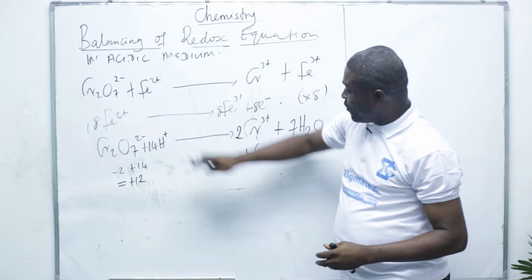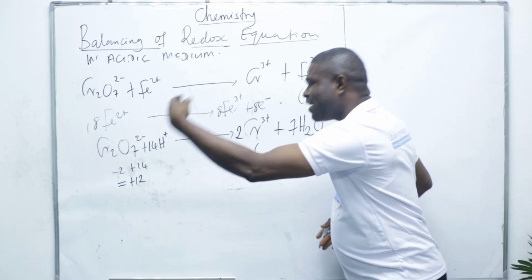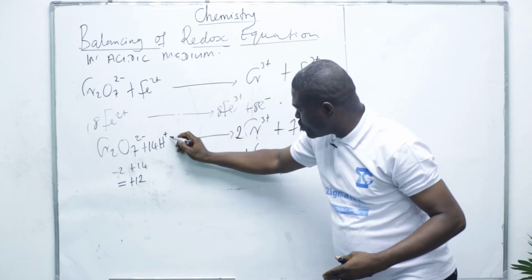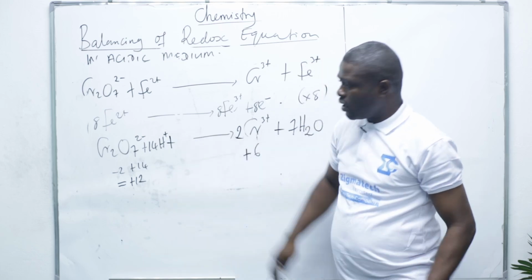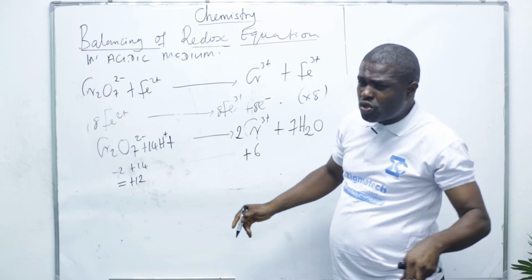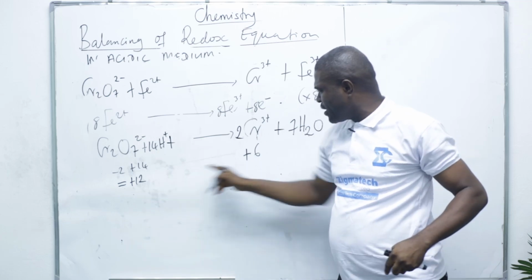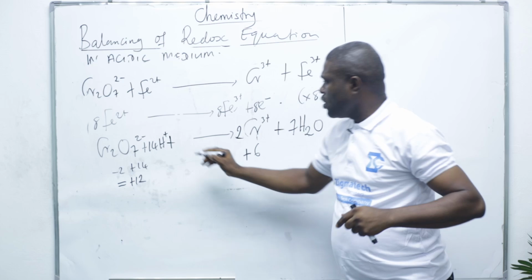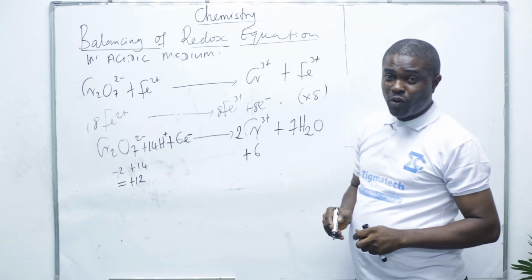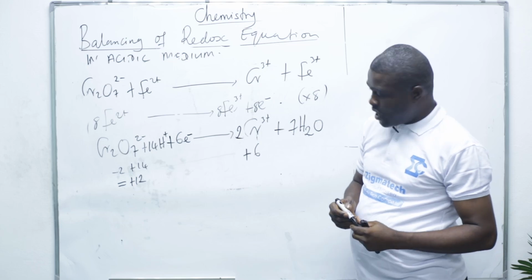So I will rather put the electron where I have a higher number. I will now put the electron here. Are you seeing what is going on? How many electrons will I put? Remember, electron will reduce the number. So what's the difference between 12 and 6? The difference is 6. So I'm introducing 6 electrons.